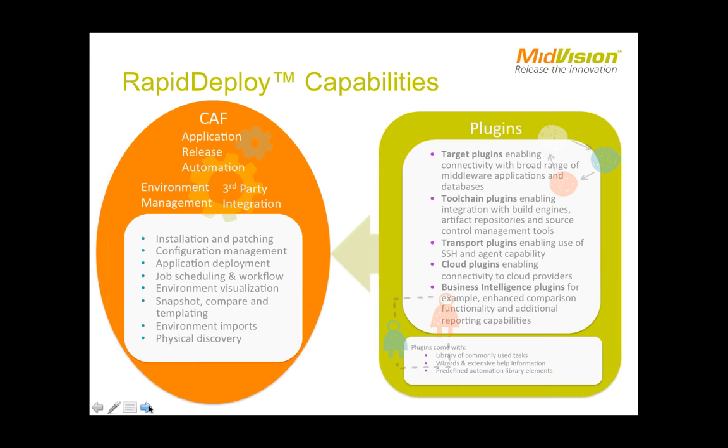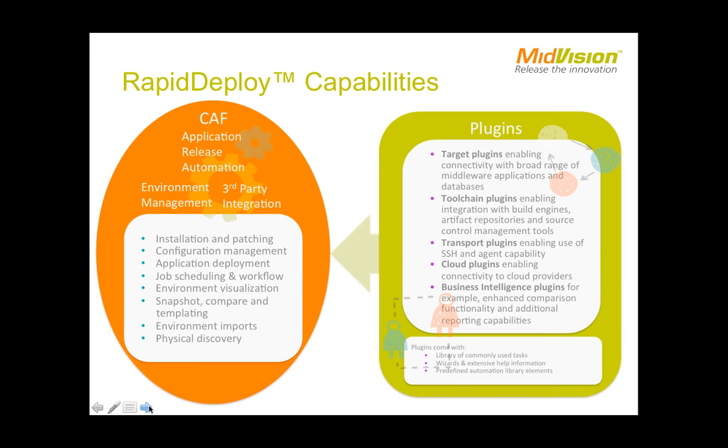We obviously support application deployment, so deploying EAR files, WAR files, bar files, .NET components, whatever they may be. We have a job scheduling and workflow component to enable you to schedule those deployments or put them into a workflow to say, well, deploy to development, then to test, then have a check before deploying to production. We have some environment visualization tools which enable you to look at what versions are deployed to what target environments.